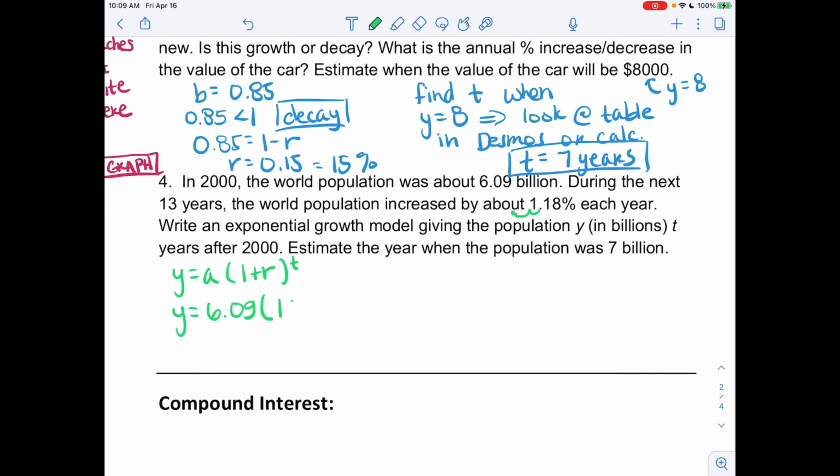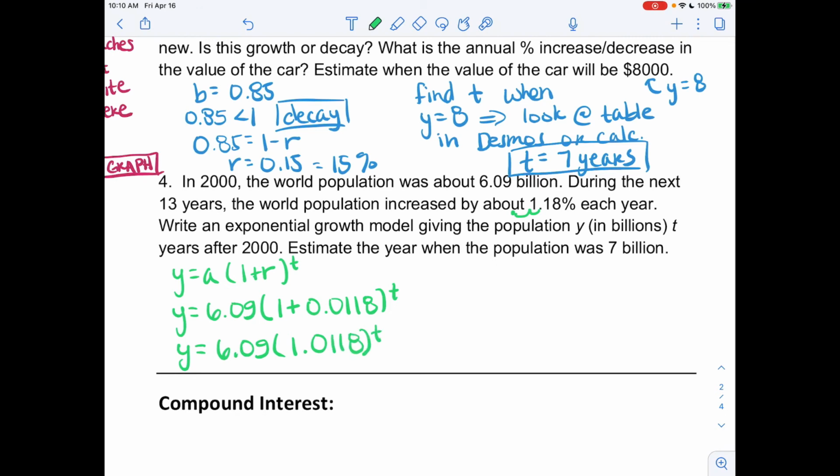Our growth is going to be 1 plus our rate, and our rate is 0.0118. So think about moving your decimal 2 places. And then that's all raised to the t power. Let's simplify that parentheses and say 6.09 times 1.0118 raised to the t.